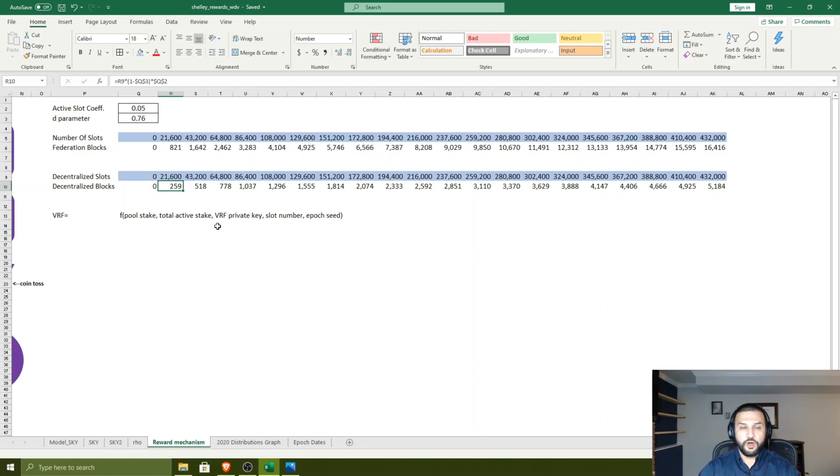Now, this whole mechanism is governed by 2 parameters here called active slot coefficient and a D parameter. The active slot coefficient basically determines the percentage of slots that are eligible to produce a block. In this particular case, we have 5% of the blocks. By the way, these are the number of seconds.